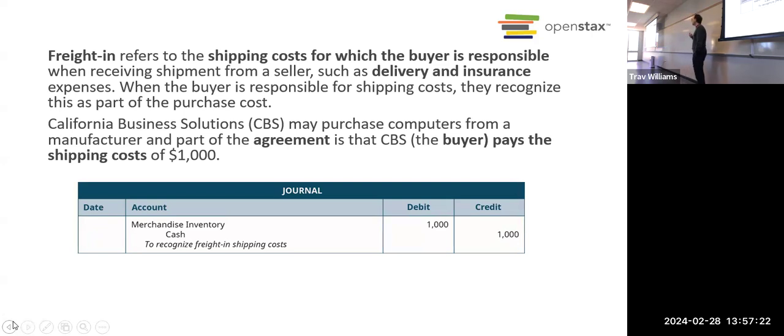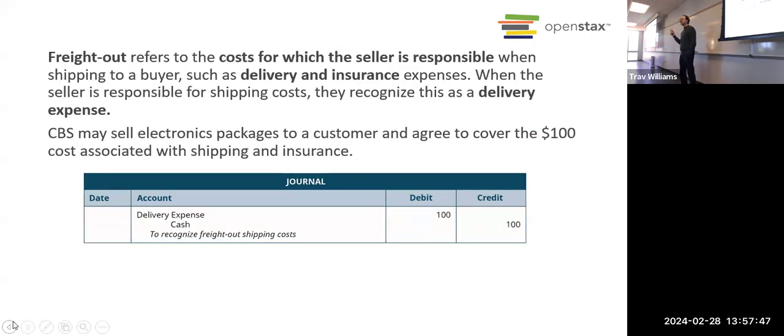If you're the buyer and you're having to pay for the shipping costs, that increases the cost of your inventory. So that shipping cost, notice, is a debit to merchandise inventory. If you're the seller, it's a different journal entry, but if you're the buyer, that's what it's going to look like, assuming you're using the perpetual inventory method.